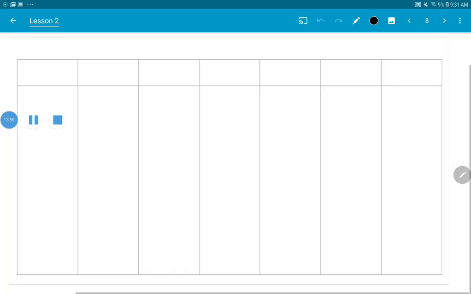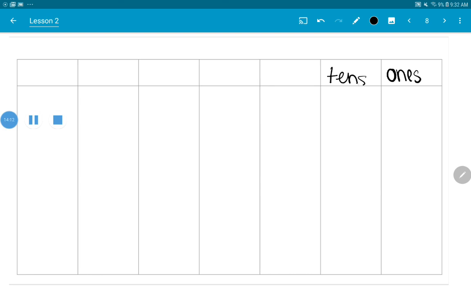Erase your work. You can leave your place value names. If you didn't, that's fine, you can rewrite them. Alright, on your place value chart, I want you to represent 3 hundreds and 2 tens.